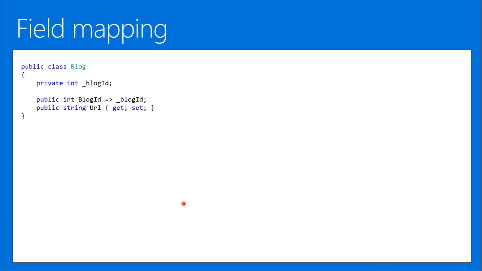You can see in this example, I don't really want a get and set on my blog ID. Instead, I have a private field called _blogID, and then a property with a getter but no setter, which exposes the blog ID. This actually partially works in EF7. If there is a private backing field, our query pipeline will map to that field.